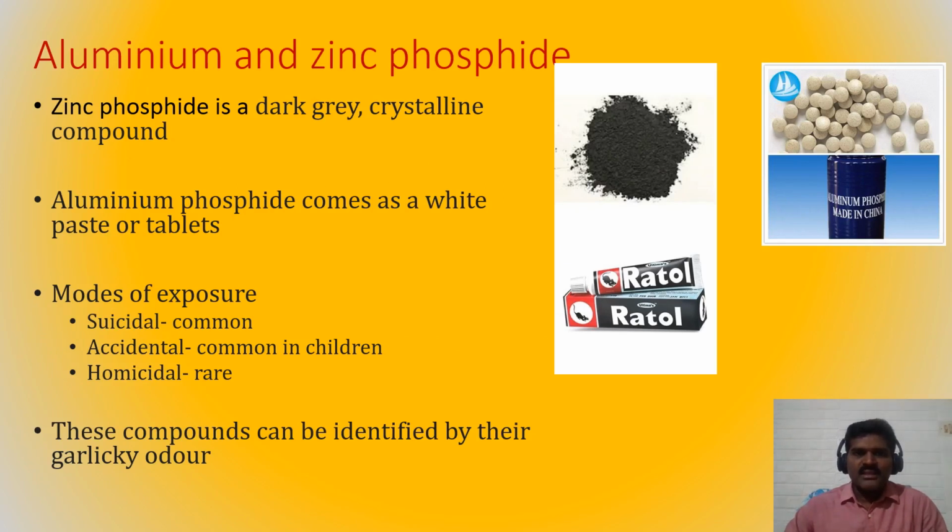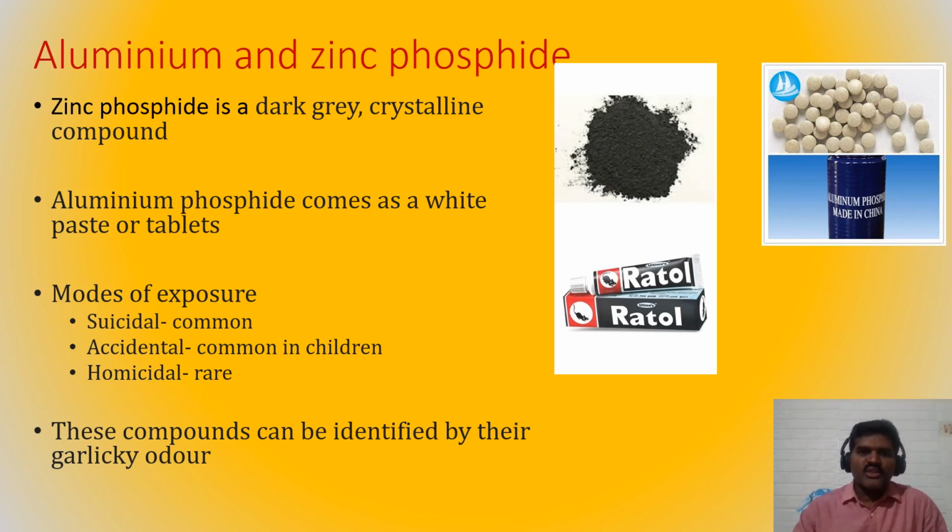First let us concentrate on aluminium and zinc, which are usually used as phosphides for rat baits. Zinc phosphide is a dark grey crystalline compound which you can see in the picture. It is usually mixed with cereals and kept as a rat bait.